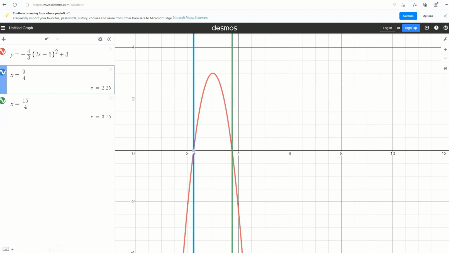And it is true when we are either to the left of the parabola, either to the left of 2.25, which is 9 over 4, or to the right of this critical value, 3.75, which is 15 over 4. This red parabola is underneath the x-axis. It's underwater, either to the left or to the right.